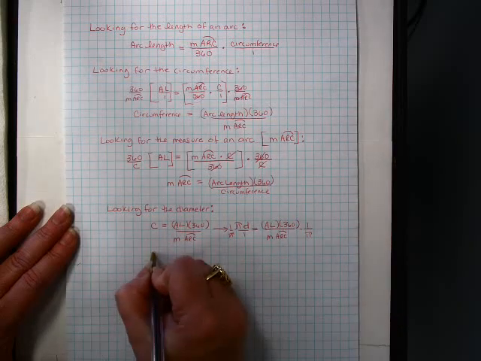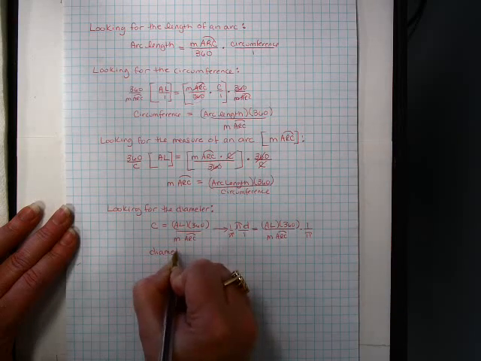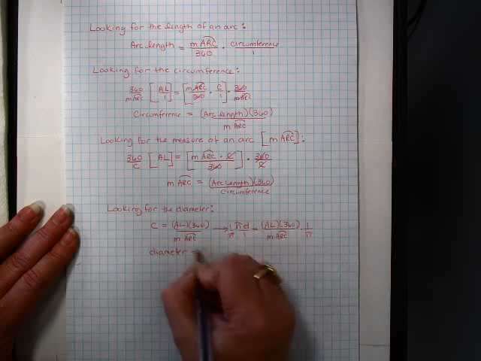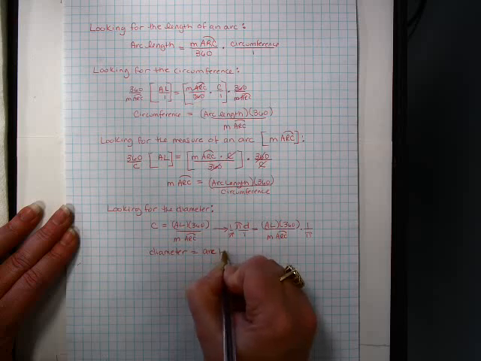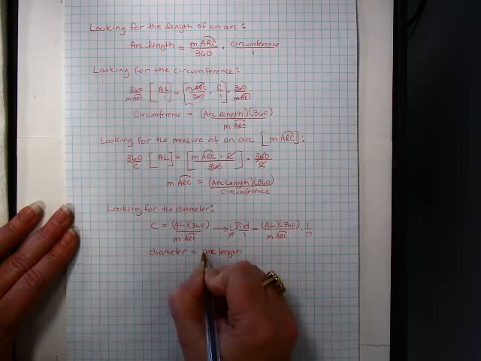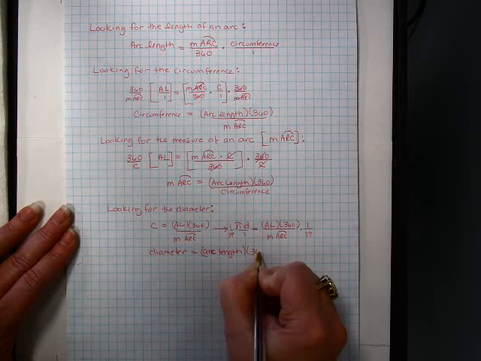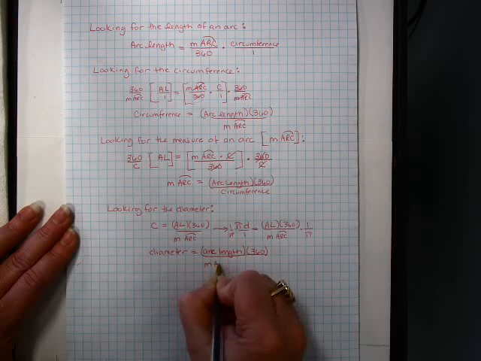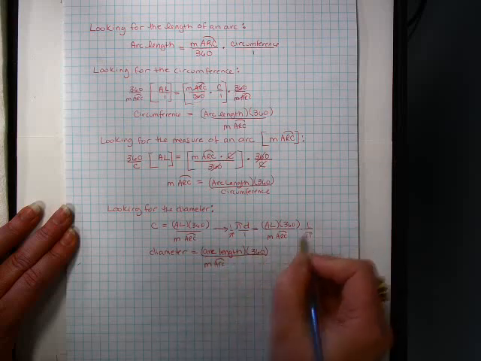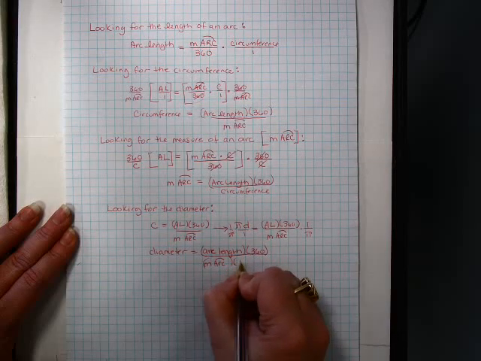Okay, so diameter equals arc length times 360 over the measure of the arc times pi.